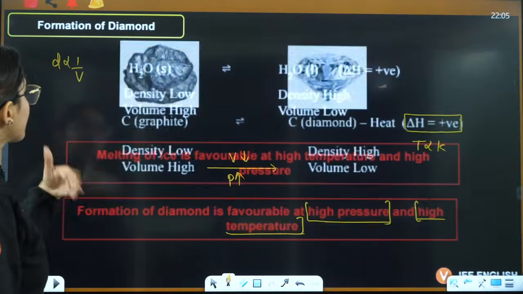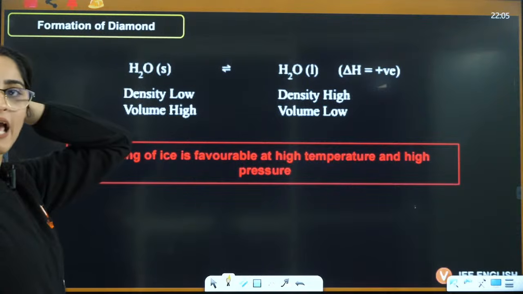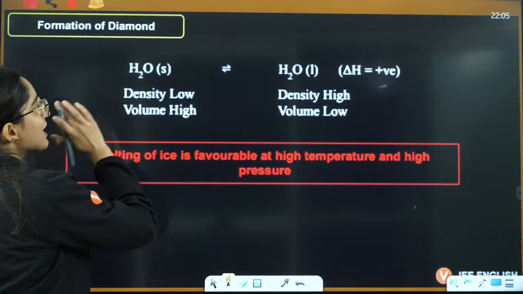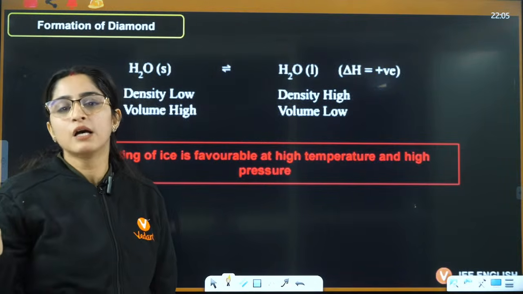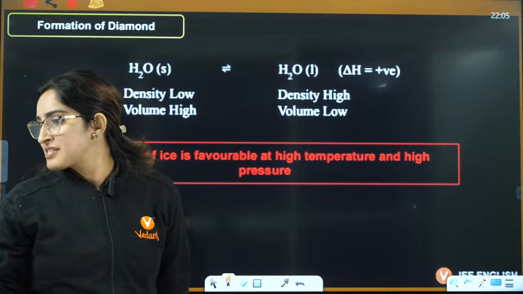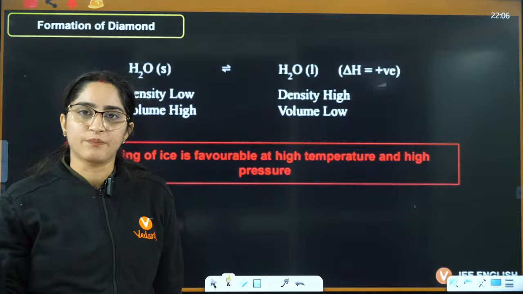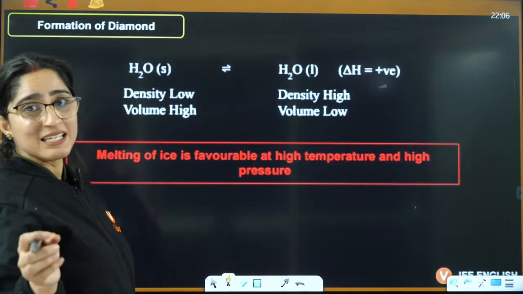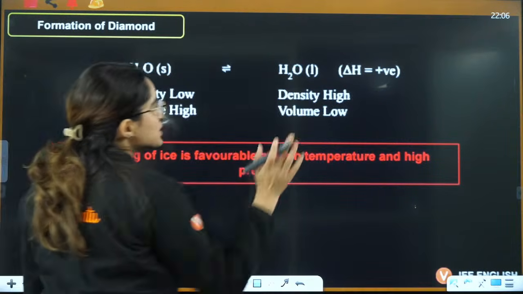Similarly, we have solid to liquid. Here also with moles we cannot define, but we can define it by density. Here the solid has less density. Now you will say, ma'am, solid always has more density. But in ice, because of its cage-like structure, it has less density, and water has more density.